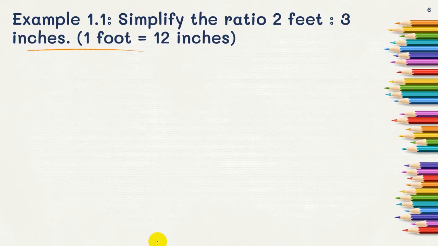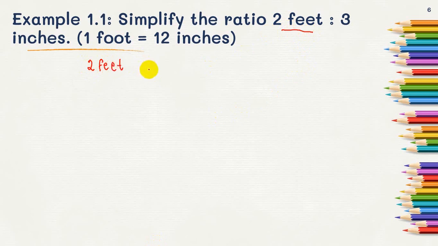Now, the conversion is 1 foot equals 12 inches. So we have to convert the higher unit to the smaller unit, and the higher unit is foot. Therefore, we will be converting 2 feet to inches.